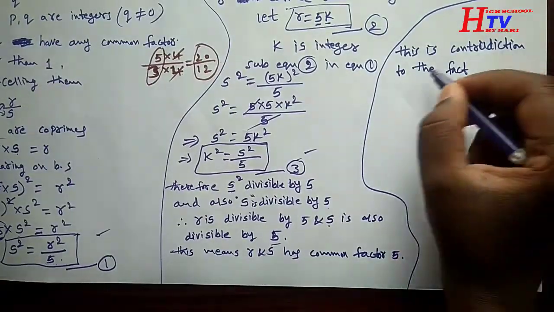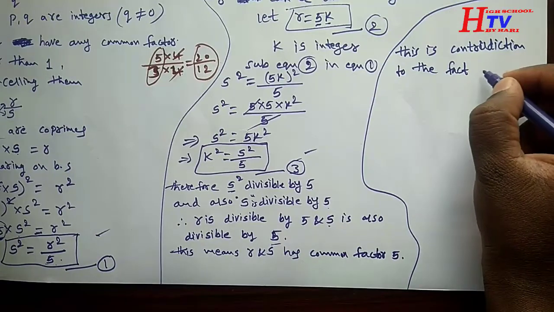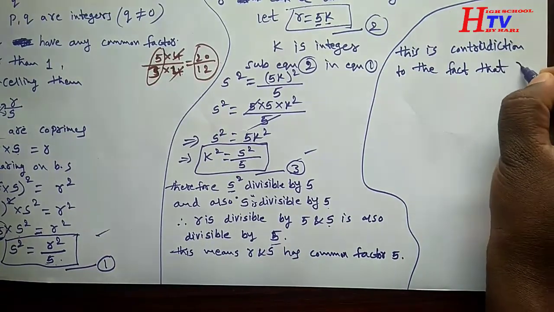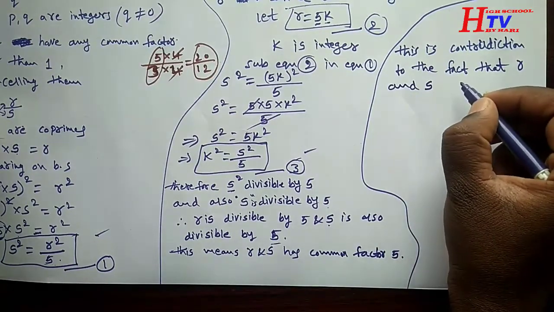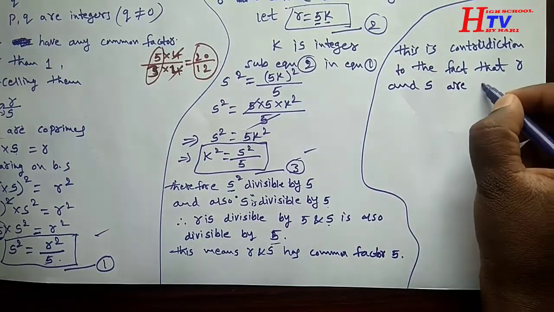This is a contradiction to the fact that r and s are co-primes.